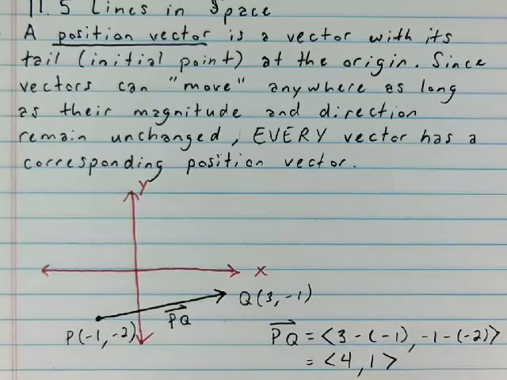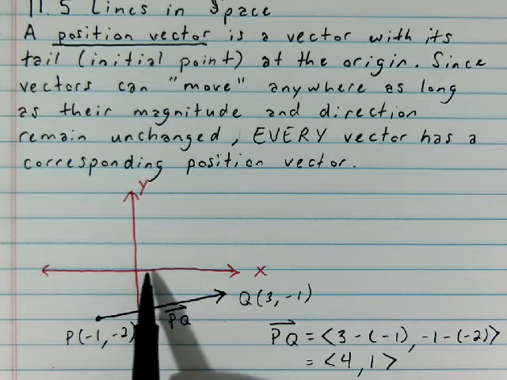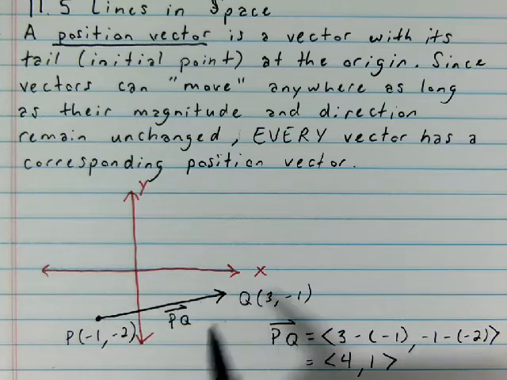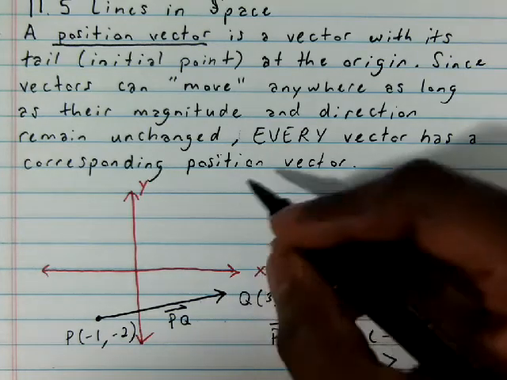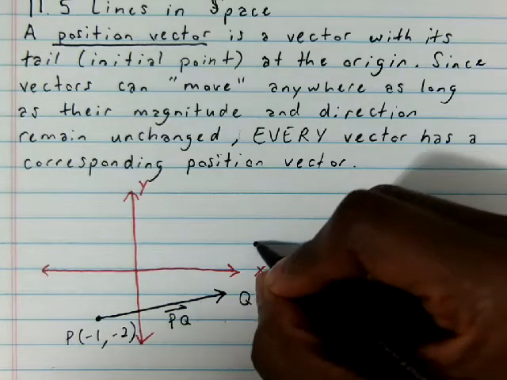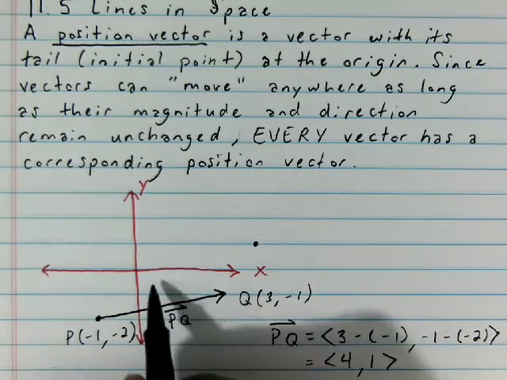So now, if I look at 4, 1, and I go over 4 units to the right and 1 unit up, and I plot a point right here, that's the point 4, 1.